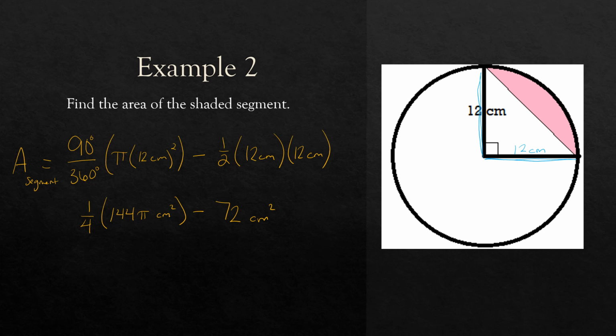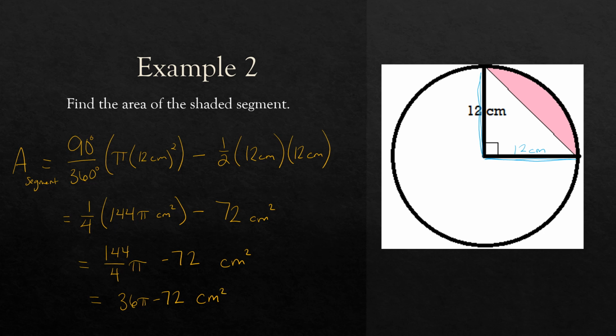I'm going to take 144 and multiply it by 1/4. So 144 over 4 pi minus 72, and all of that is centimeters squared. 144 over 4 is 36 pi minus 72 centimeters squared.